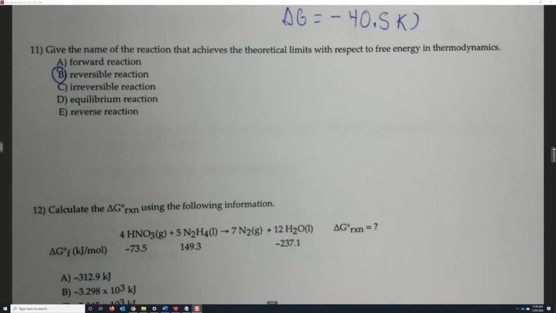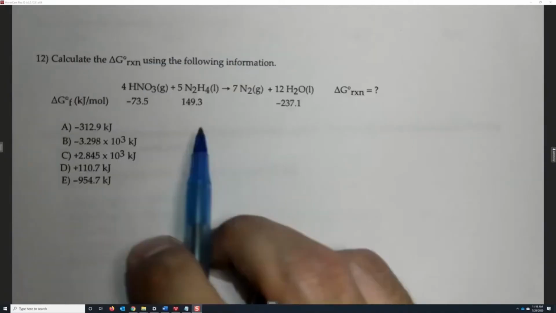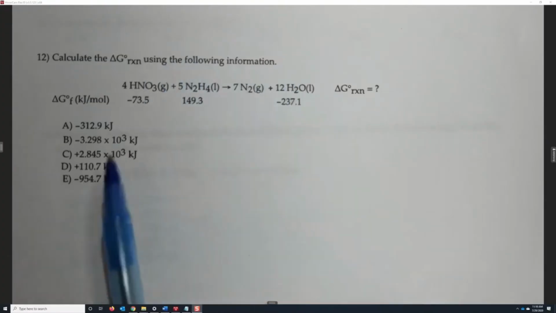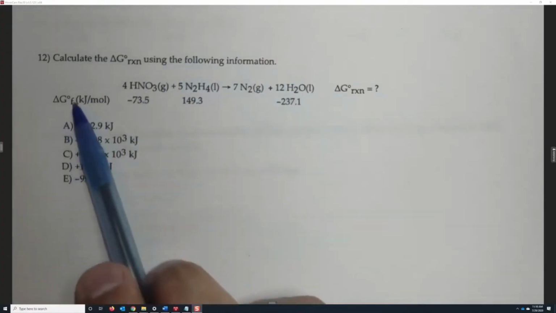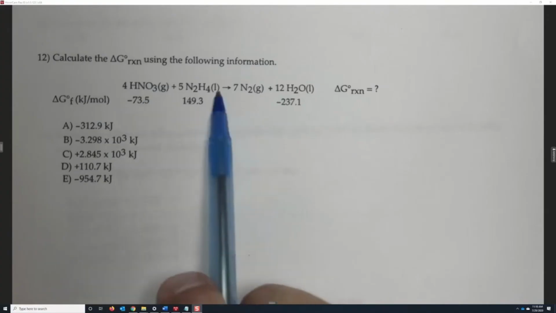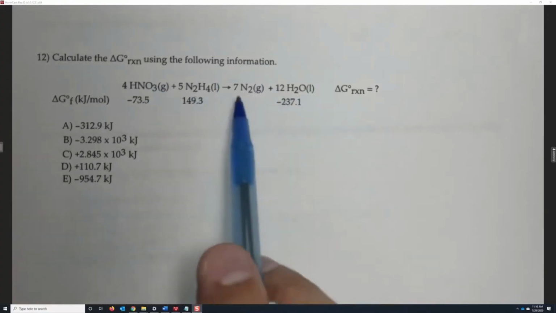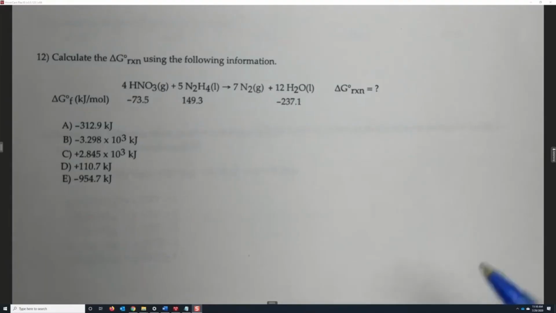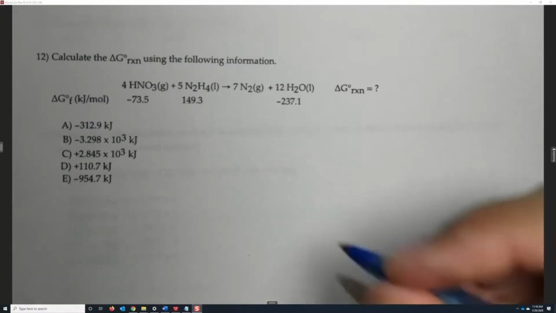It's just a definition. Number 12 says, calculate delta G naught of the reaction using the following information. We're given the Gibbs free energy of formation for the products and the reactants, with the exception of nitrogen, which is an element. So this is very similar to the one that we did with delta S, where it's products minus reactants, or you may have done with delta H, both in this chapter and in General Chemistry 1.